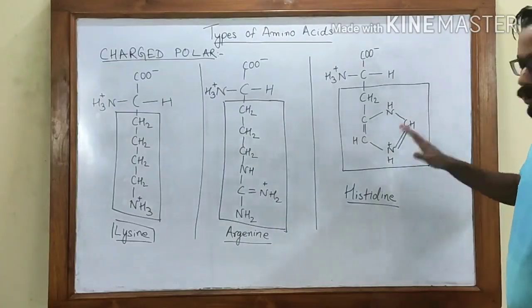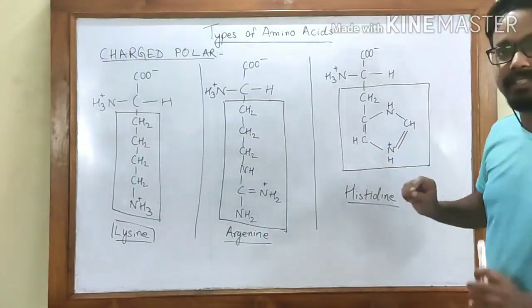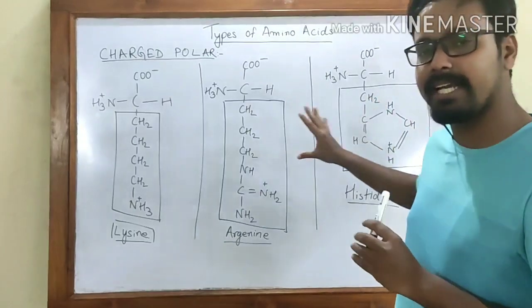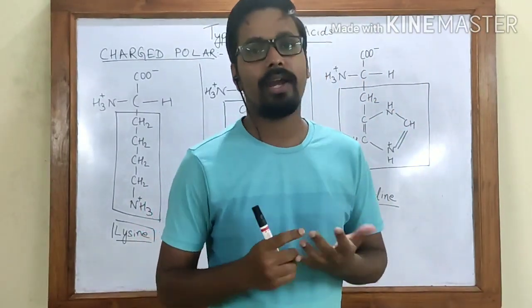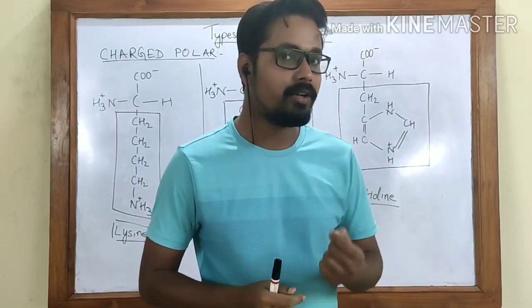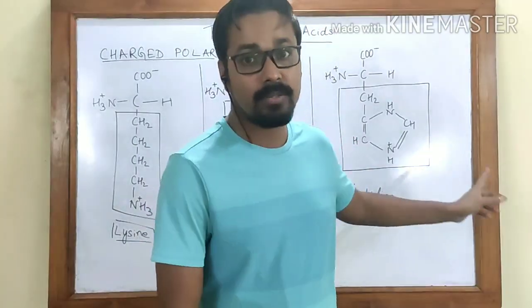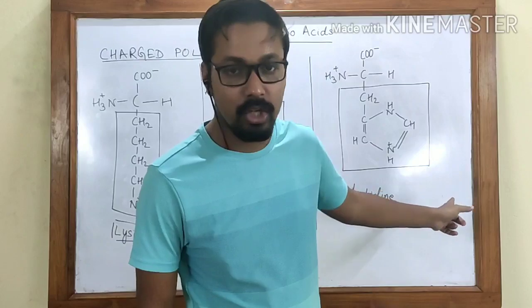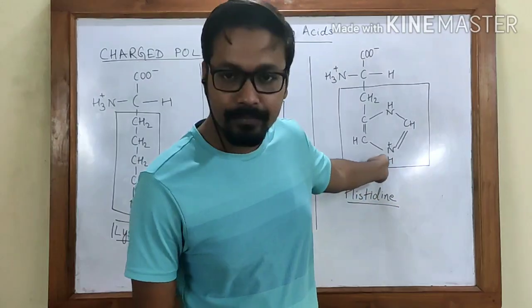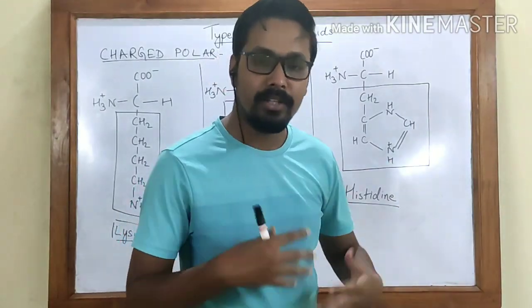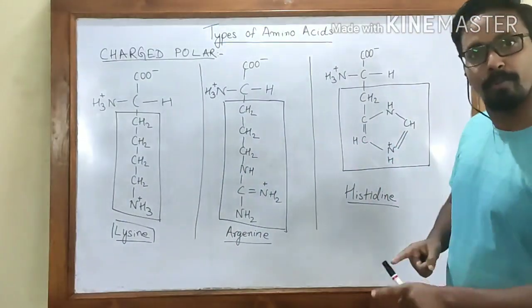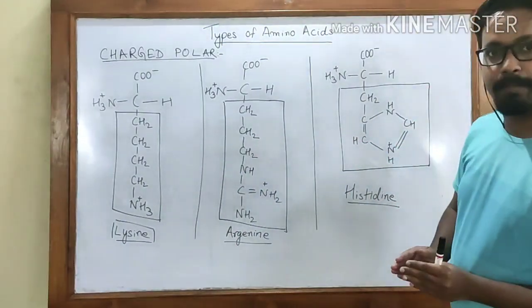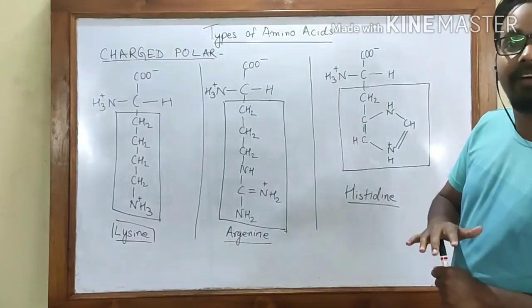Histidine, although we have shown that it has positive charge, can also have a neutral charge depending upon the local environment. If the environment in which it is present supports its positive charge, then it will have a positive charge, or it will lose this hydrogen and become a neutral atom. So histidine can be both neutral or positive at physiological pH depending upon the local environment.